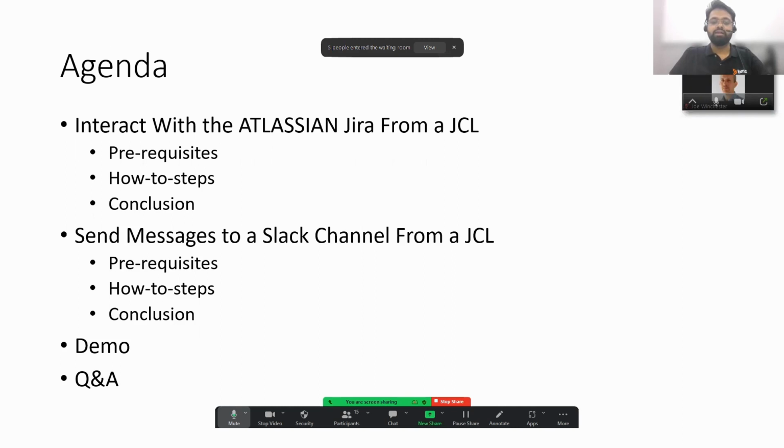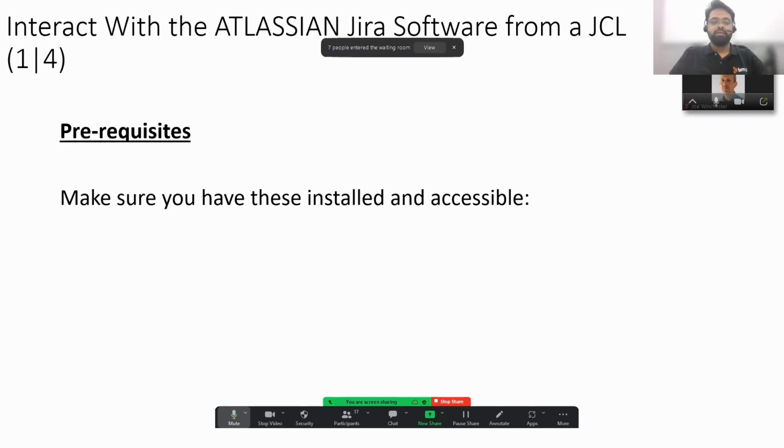Then we'll conclude with where we can implement this type of stuff, followed by a demo. I have a pre-recorded demo, so I will play it after my presentation, and then we'll take questions for all of this. So let's start.